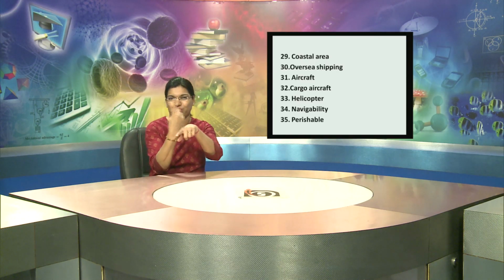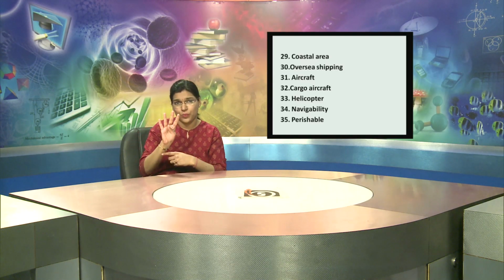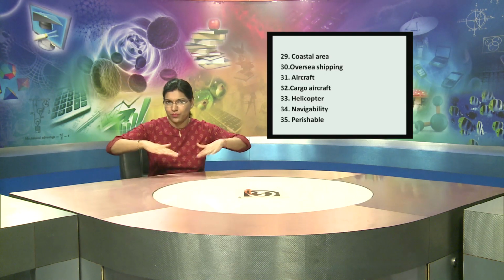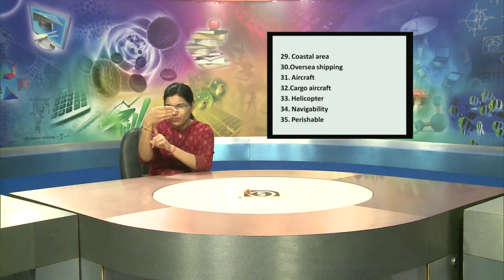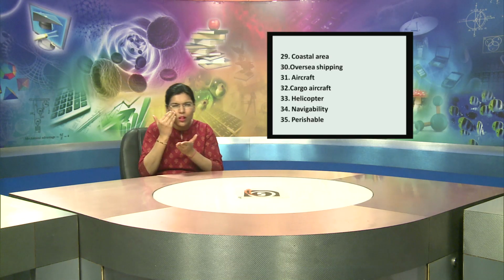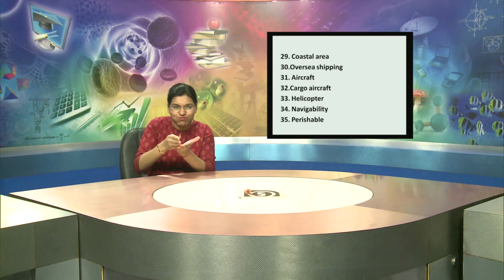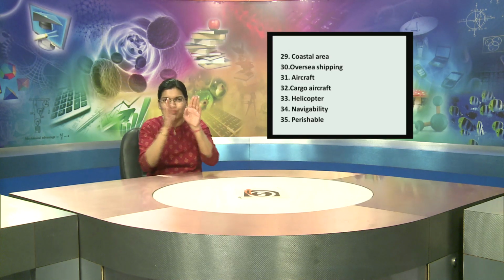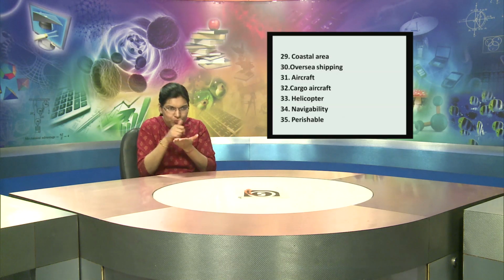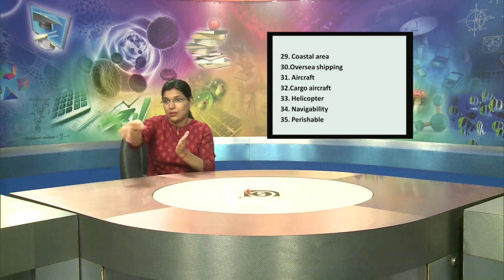33rd word, helicopter. 34th word, inside the water there are different navigation points which help us to move from one place to another. For example, there are so many planes which we can see and use.